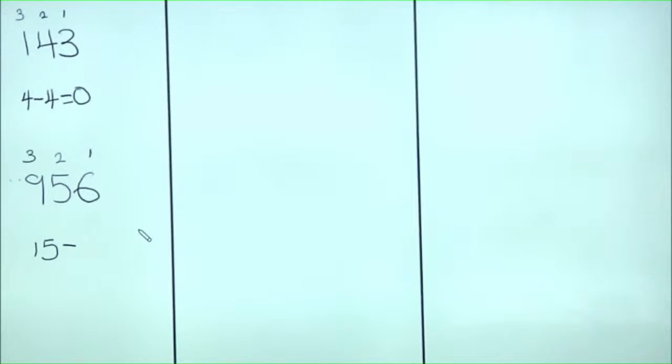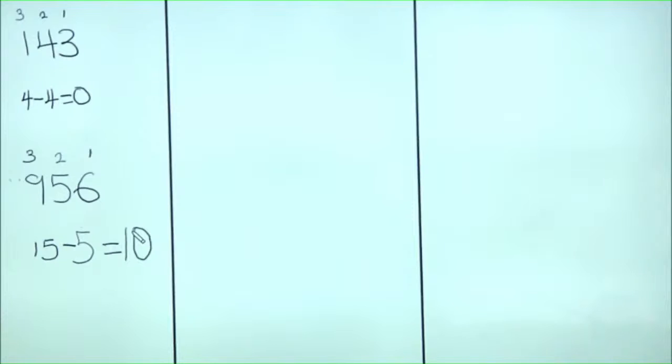Okay. When we add the digits at the odd places, 9 and then 6, we will get 15. Now the digit at the even place is 5. Let's subtract it. When we subtract 5 from 15, we will get 10.